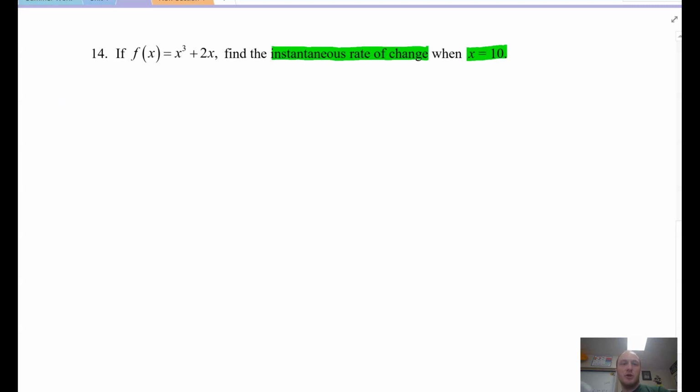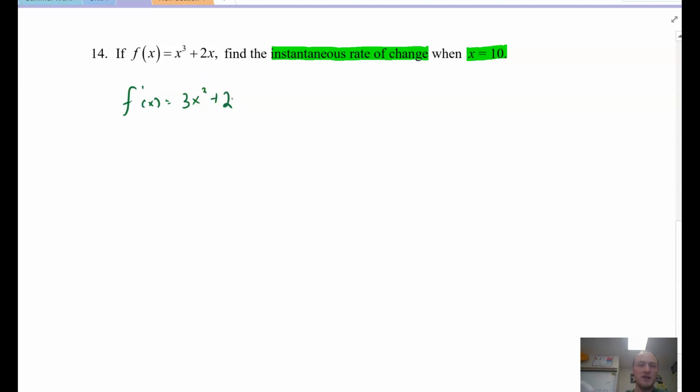Now we are going to look at instantaneous rate of change. If I have the same function, x cubed plus 2x, find the instantaneous rate of change at x of 10. How you calculate the instantaneous rate of change is you take the derivative. The derivative of this function, using the power rule, is 3x squared plus 2.